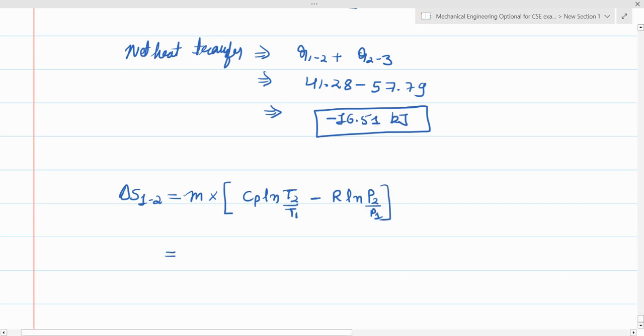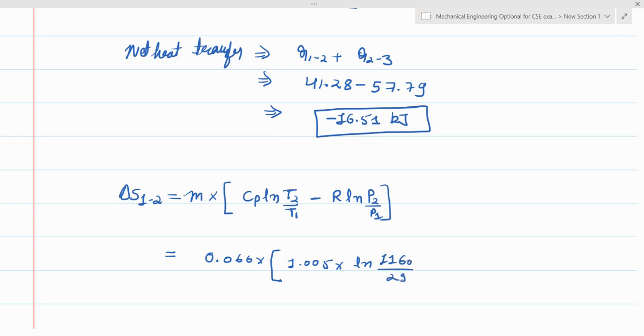Plugging in the values, delta S is 0.066 multiplied by 1.005 into ln 1160 divided by 290, minus 0.287 into ln 4.4 divided by 1.1.